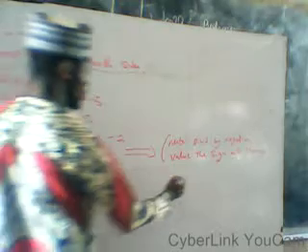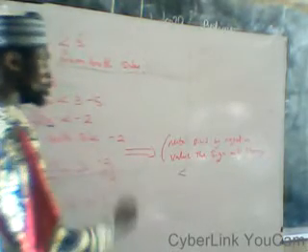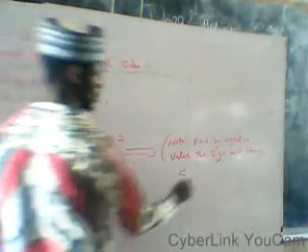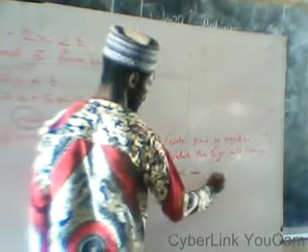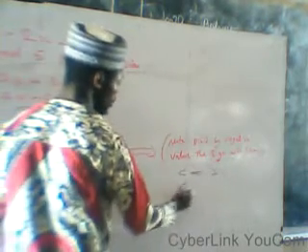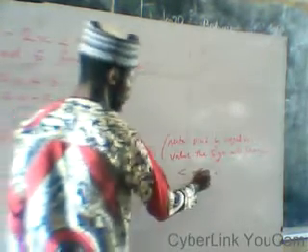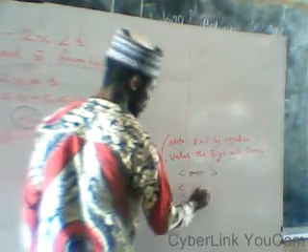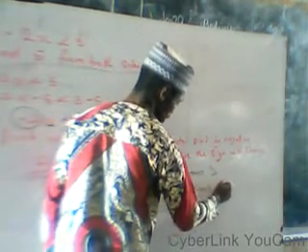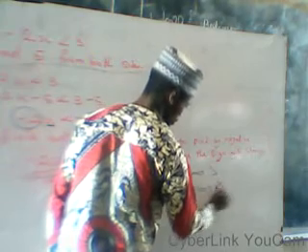Assuming we have less than before, once you are dividing by a negative value, that one will change to greater than. If it is less than or equal to, once you are dividing by a negative value, it will change to what? Greater than or equal to. And vice versa.